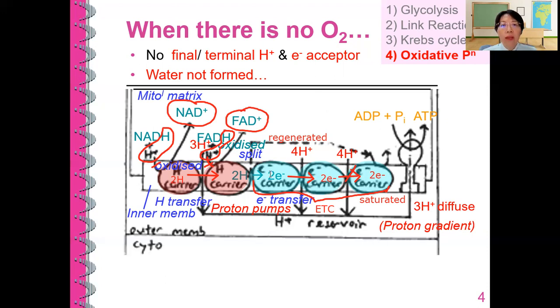So that means to say whenever electrons are being transferred along ETC and the 2 hydrogen atoms transferred through the hydrogen carriers, then the proton can be pumped, right? There'll be excess energy released and proton can be pumped.